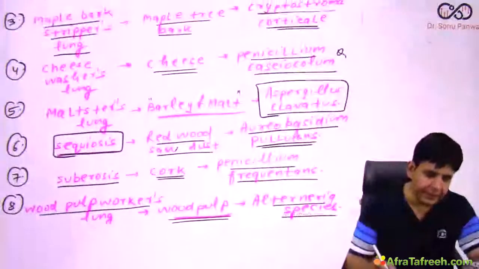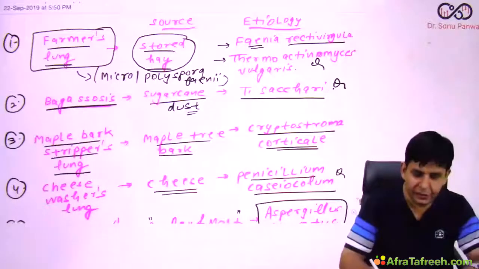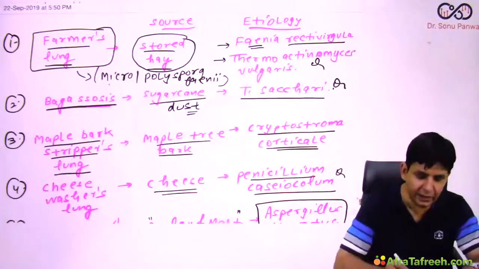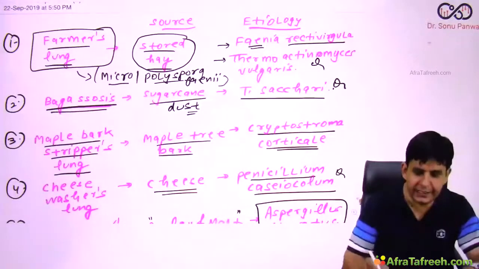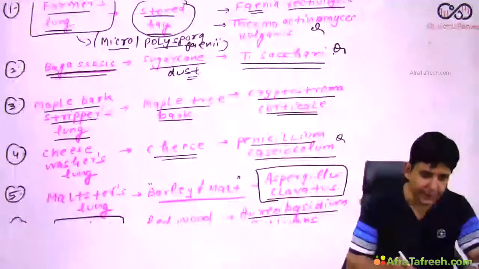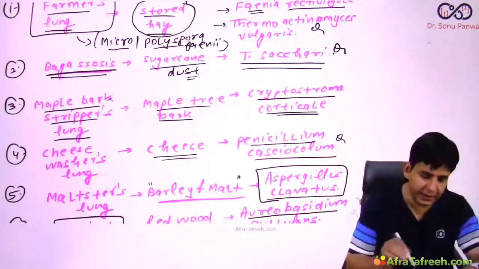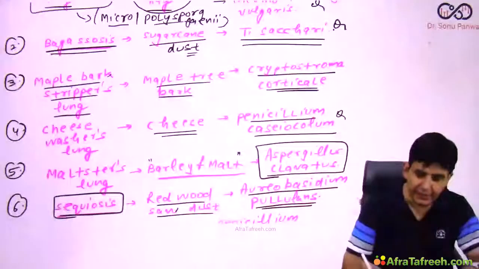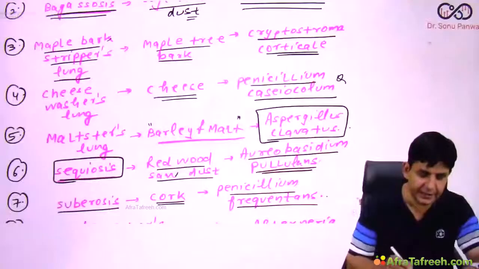Okay, again if we go once through them: farmer's lung associates with Thermoactinomyces vulgaris along with Micropolyspora faeni. Bagassosis, sugarcane dust, associates with Thermoactinomyces sacchari. Maple bark stripper's lung associates with Cryptostroma corticale. Cheese washer's lung, Penicillium casei. Maltster's lung, Aspergillus clavatus.